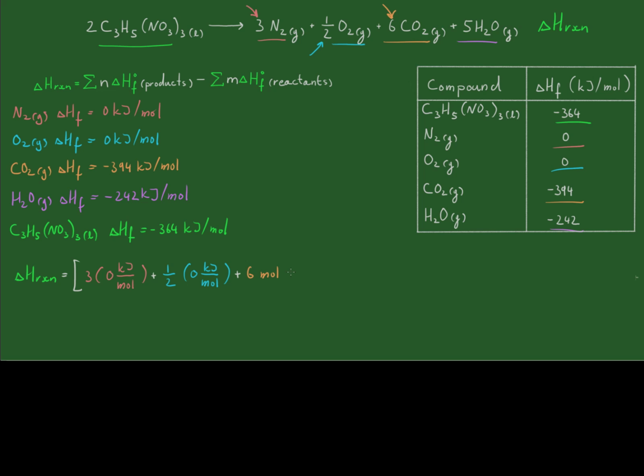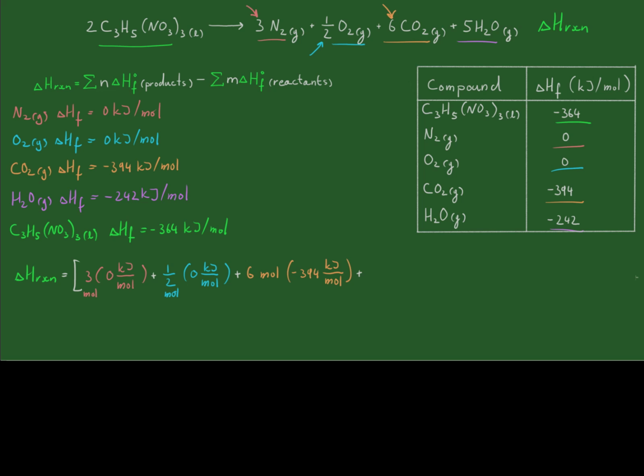Sorry, 6 moles times the enthalpy of formation for carbon dioxide, which is given as negative 394 kilojoules per mole. And let me just add, so this is 3 mole, and this is 1/2 a mole. I'm writing the units because they're important for later on, you'll see in a moment.